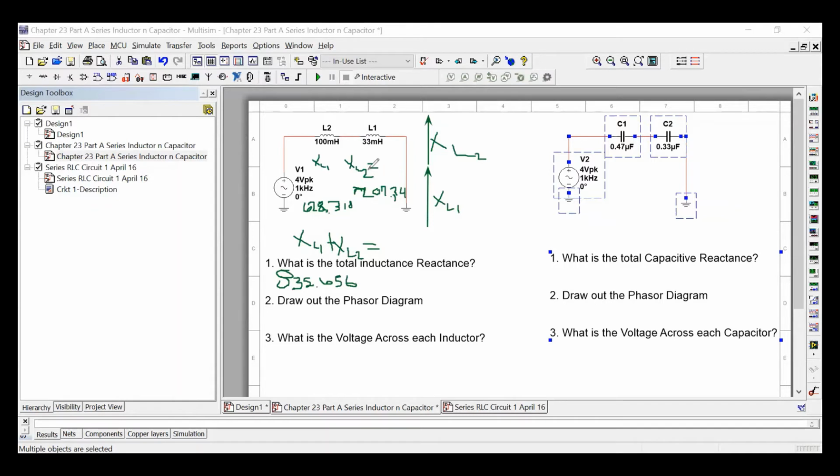So I can actually find the voltage. Let's do the voltage of XL1.